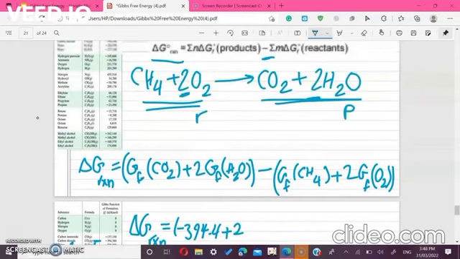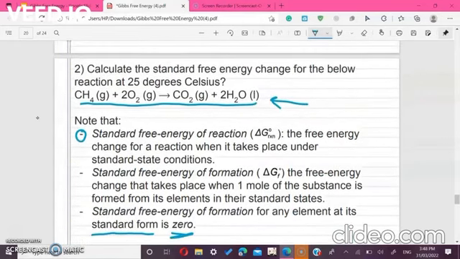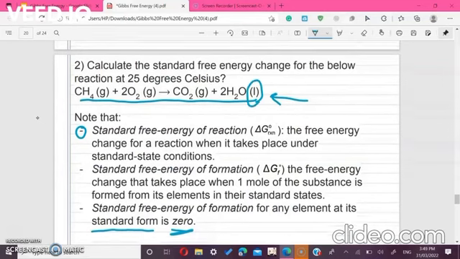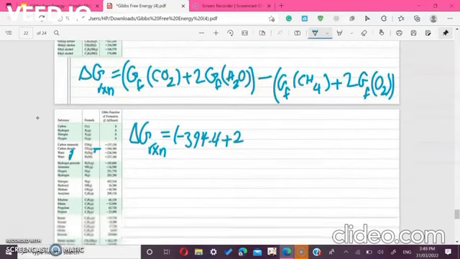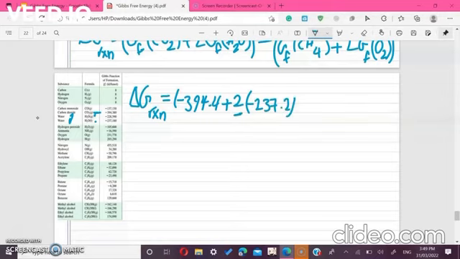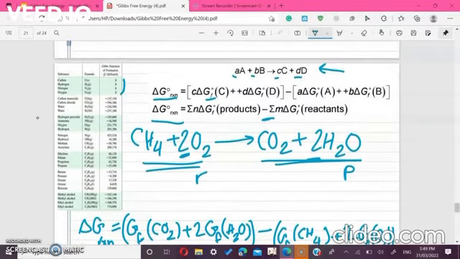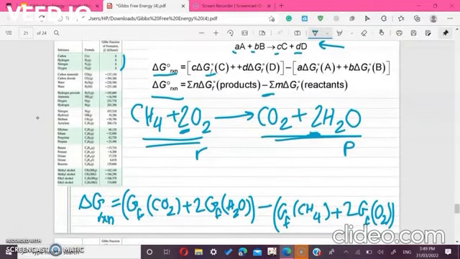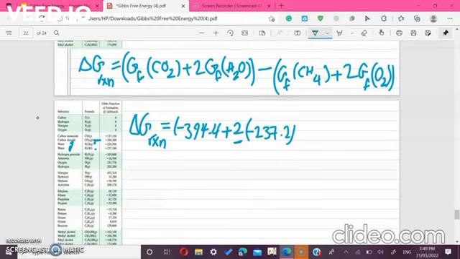The question asks us for water in liquid form, so we use this value, which is negative 237.2. And why did we multiply the value by 2? Because we have 2 moles of water. We're done with the products.